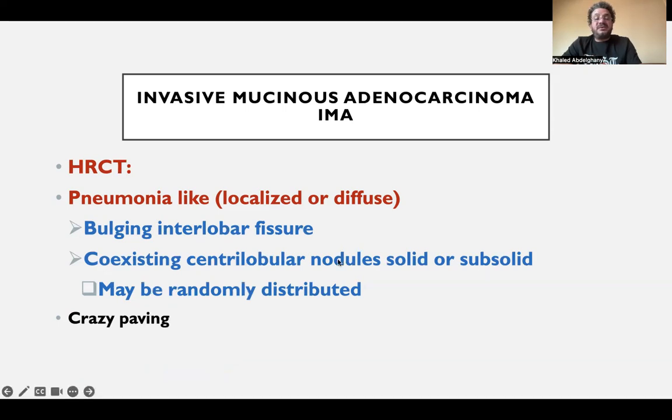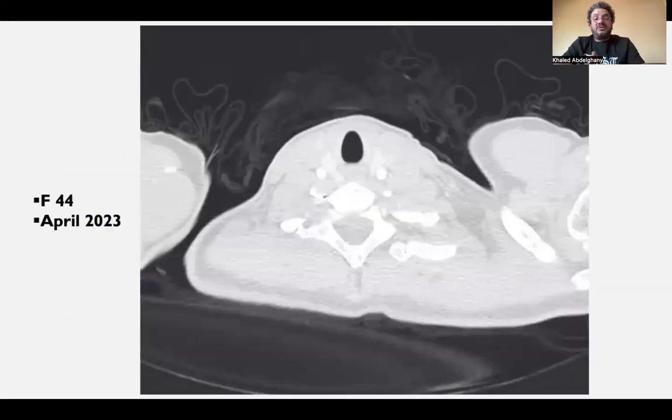As in our case, we have the coexisting centrilobular nodules of soft tissue density. Also, they may be randomly distributed. This is a clue for diagnosing invasive adenocarcinoma from the beginning. So this case could have been diagnosed as adenocarcinoma from the beginning.